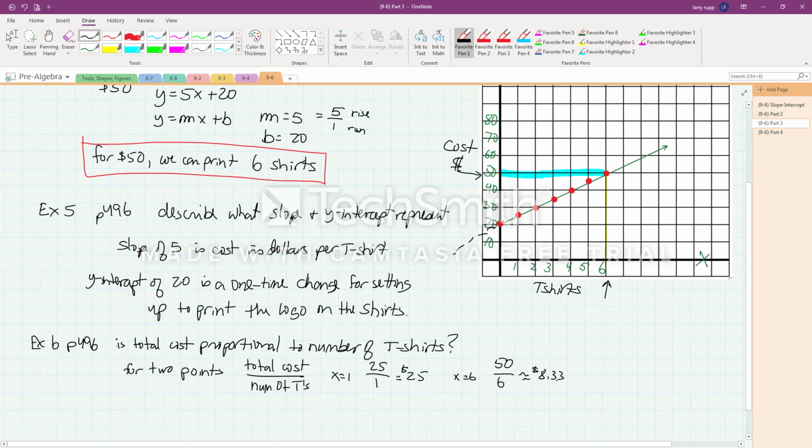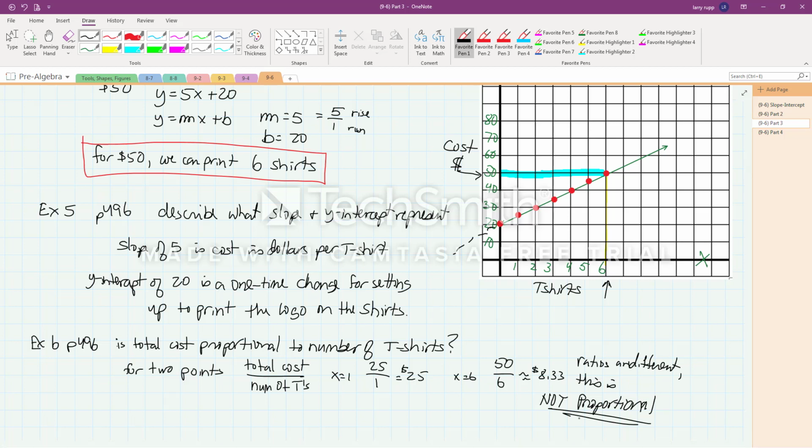But if you buy 6 of them, it's going to cost you $8.33. Since these ratios are different, this is not proportional. So the total cost is not proportional to the number of t-shirts that you buy.